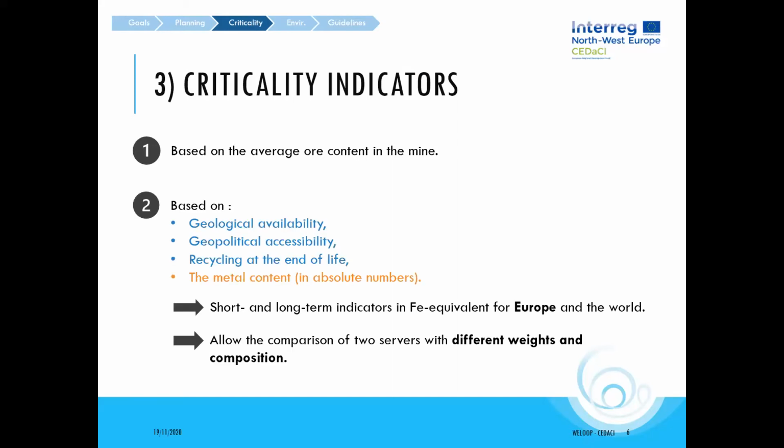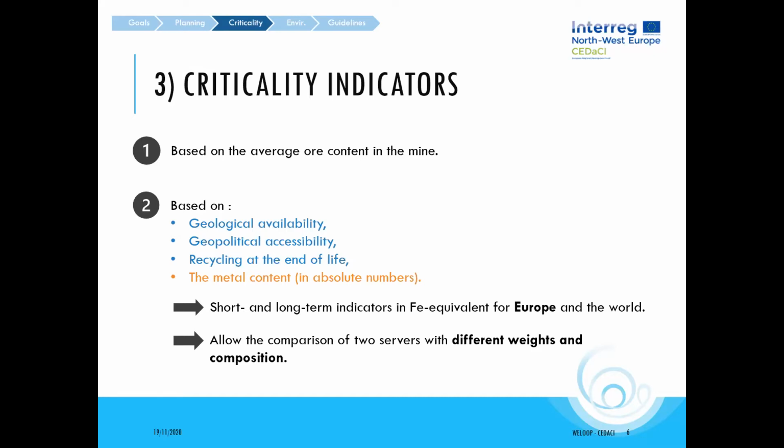And then next level criticality indicators were generated using the GRI method. And they seem to be more precise than the first level ones because they are based on geological availability, geopolitical accessibility, recycling at the end of life, and also based on the metal content.